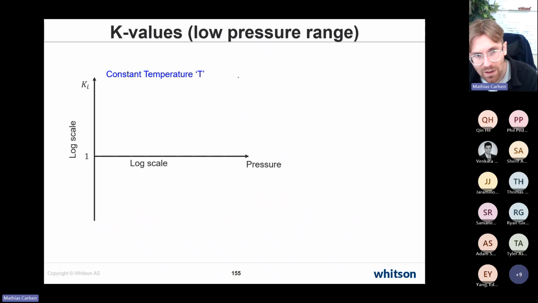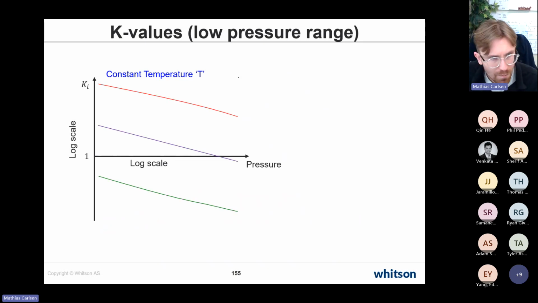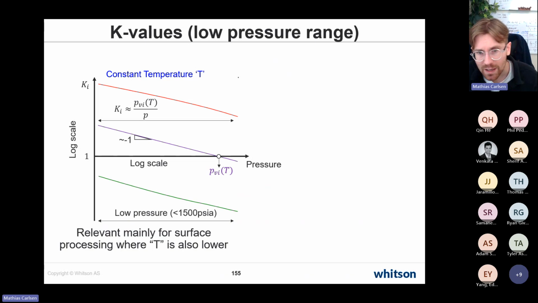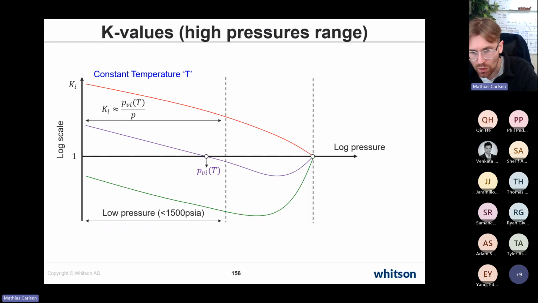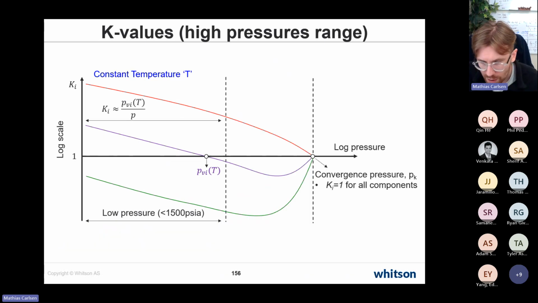If you look at these K values, they tend to be decreasing linearly on this log plot at low pressures. Then there's this region where they start to turn non-monotonic, at least the heavier ones, and they end up at what we call the convergence pressure.